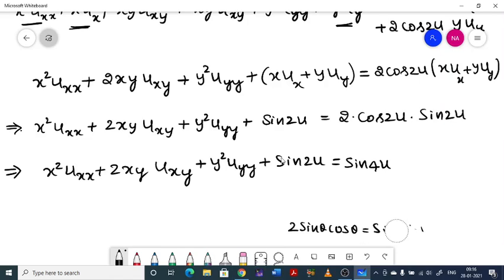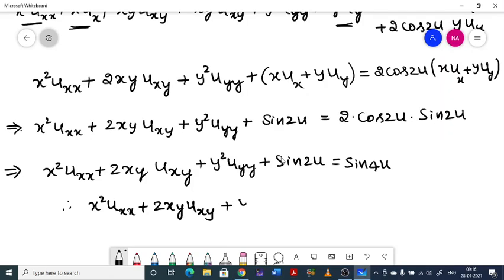Therefore x square u double x plus 2xy uxy plus y square u double y equal to sin 4u minus sin 2u.